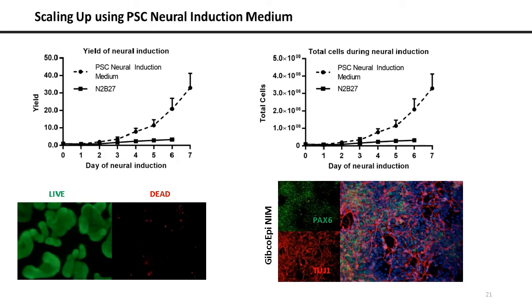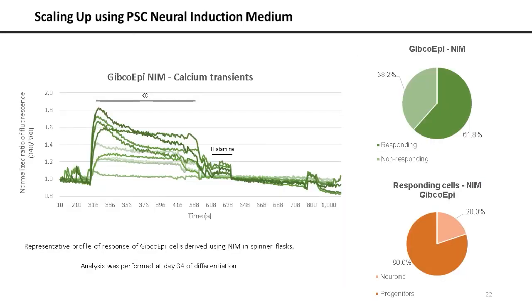So also, we further maturate the cells, and at day 34 of maturation, we are already able to observe TUJ1 positive neurons. Also, at day 34 of differentiation, we also analyzed the calcium transients in order to evaluate the response to potassium chloride and histamine to allow us to functionally identify the neuroprogenitors, the neurons, astrocytes, and even immature cells.